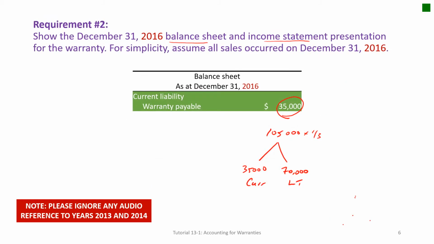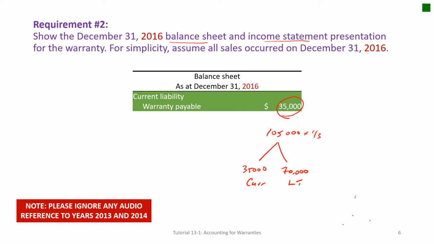Requirement 2 is to show the December 31st balance sheet and income statement presentation. So we'll just show a partial balance sheet and income statement for these. What we have here is a current liability of a warranty payable of $35,000. Now note that this is not the full $105,000. This is $105,000 times 1/3, which is 1 year.